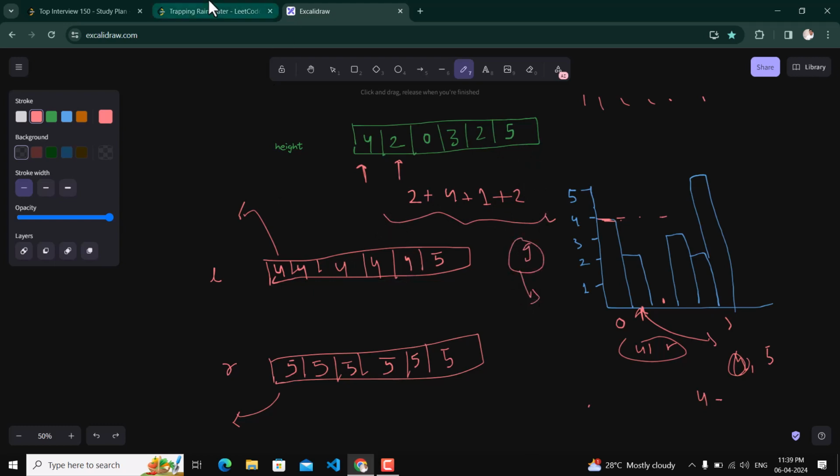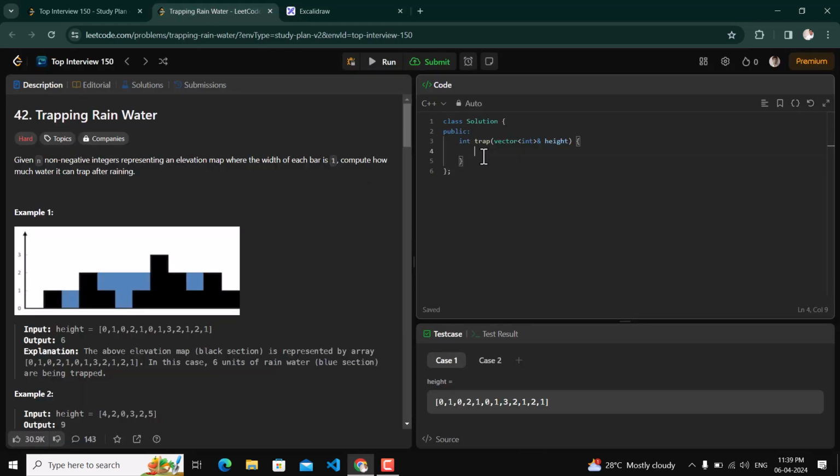Okay, now we are going to look at its implementation. First of all we will have a variable, then we will have two vectors, let's say left and right, which we will size the same as the height array. Now, what we have seen, we will initialize the left.